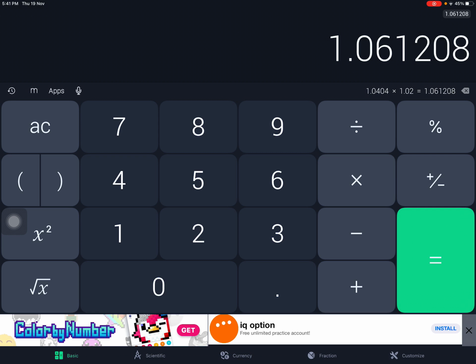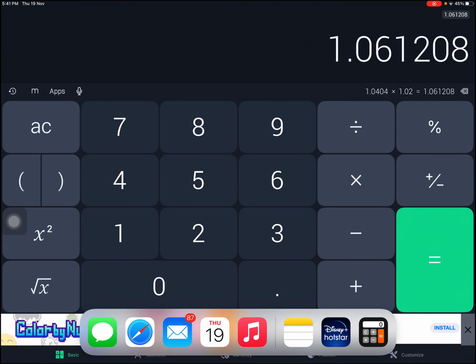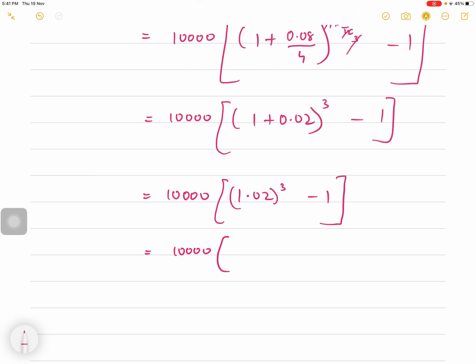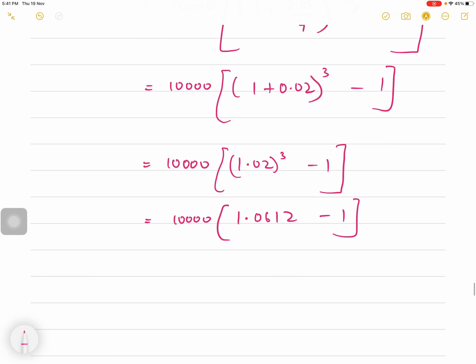So 1.0612, minus 1. So 10,000 into 0.0612.